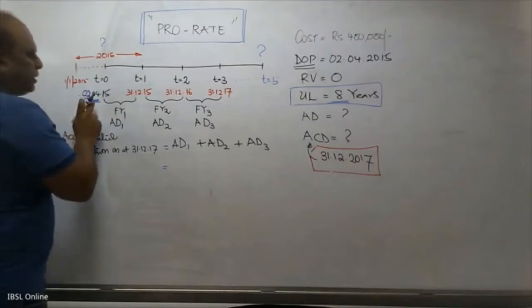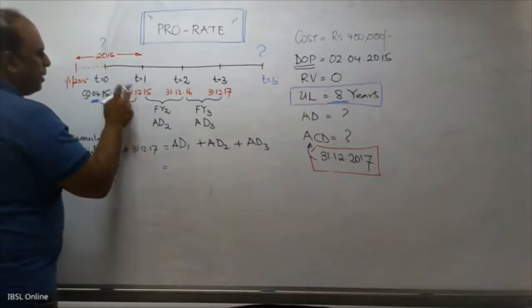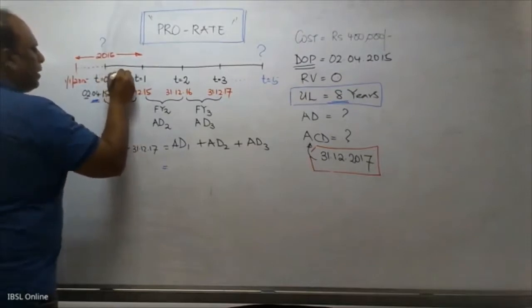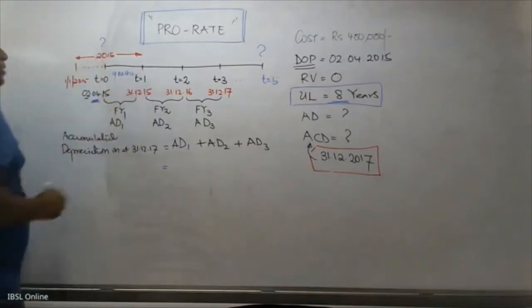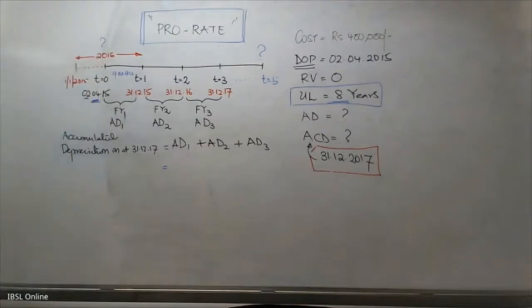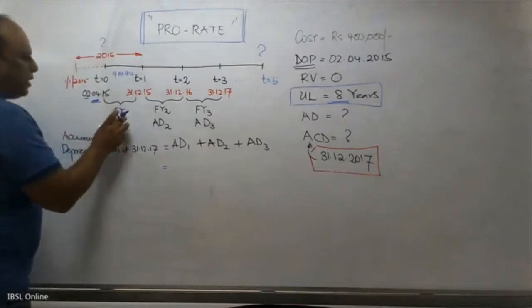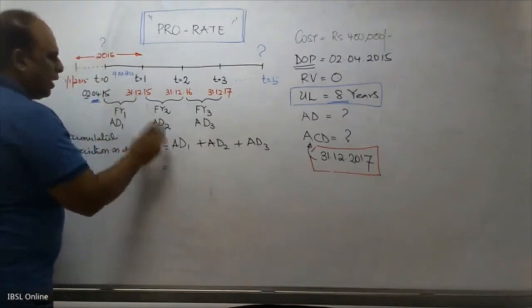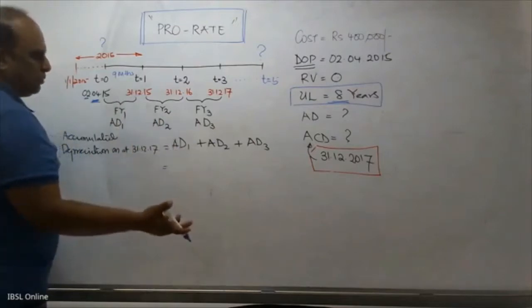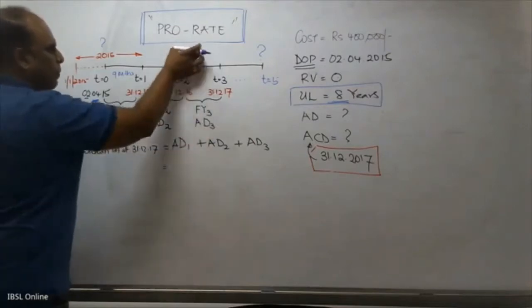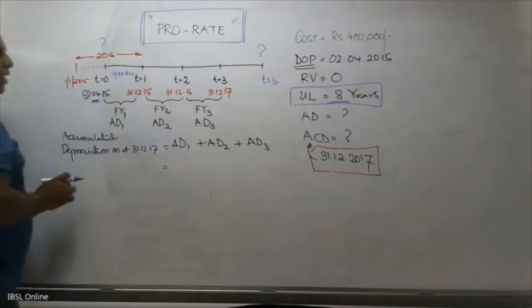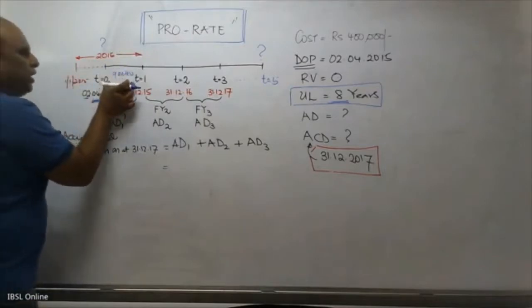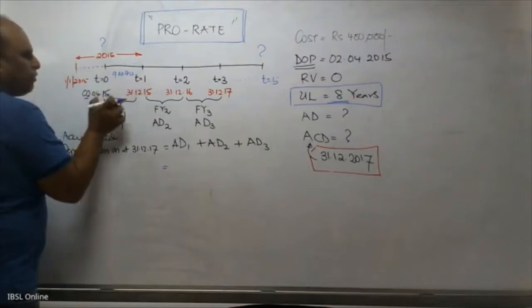This has been purchased in April. From April to December, there had been 9 months. Am I correct? There had been 9 months. So the depreciation that you calculated for the 12 months was 50,000. What you mean by prorate convention is you have to depreciate only for the period that you have used it, or from the date of the purchase.